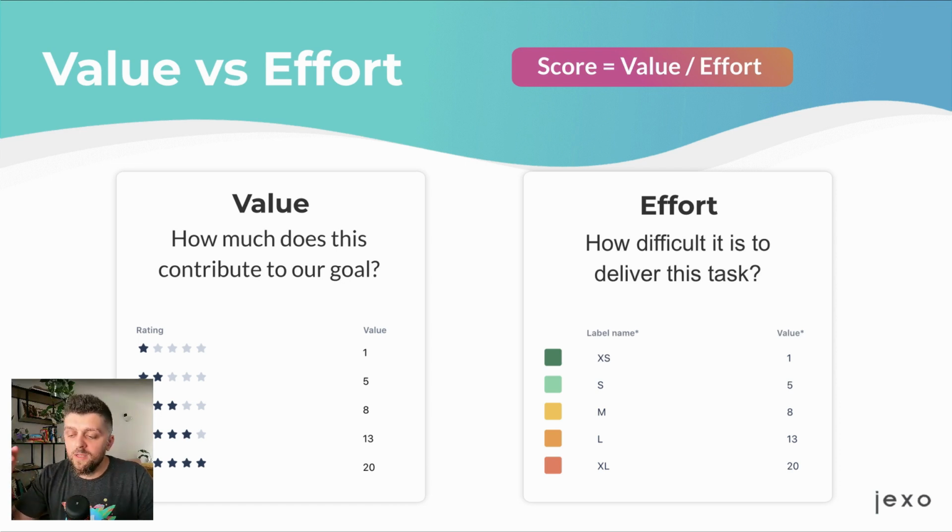Like, for example, S is a 5, and in value, a 3-star value is an 8. These don't necessarily need to be well known and memorized by the team. It is mainly for the manager or team lead to be able to calculate the score of that task.